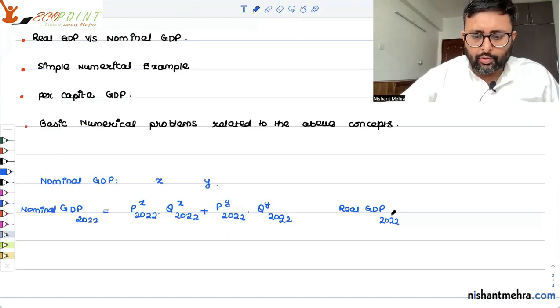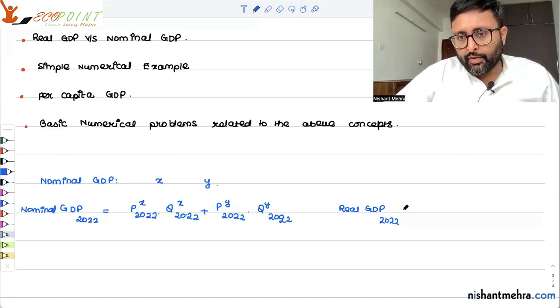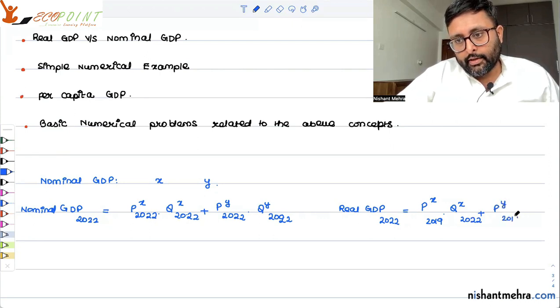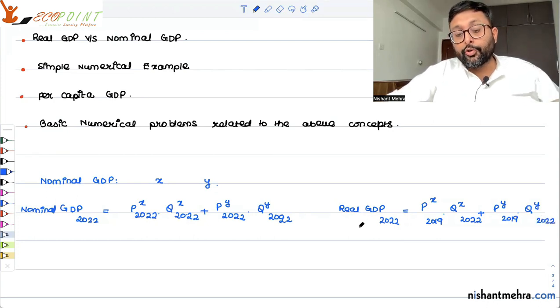I'll tell you why we do so. So real GDP for 2022 would be price of X in 2019 into quantity of X in 2022 plus price of Y in 2019, quantity of Y in 2022. Right, that is what real GDP is.